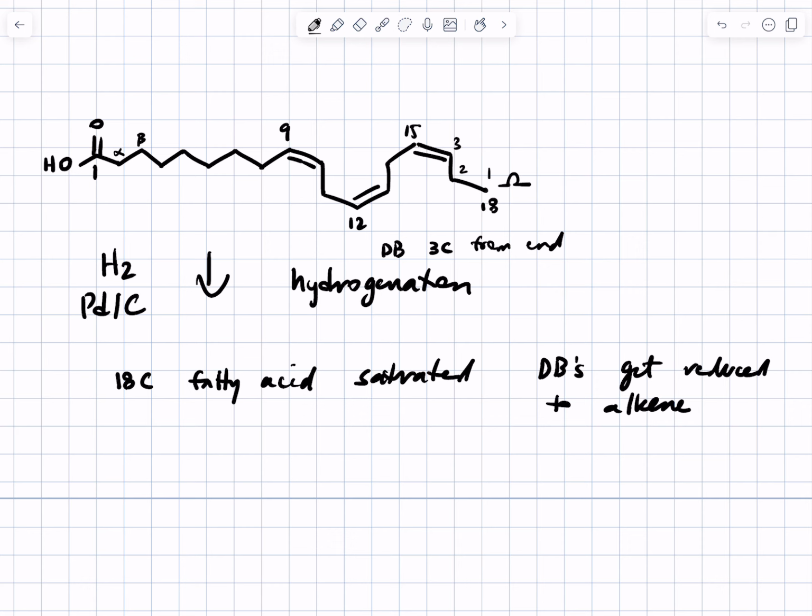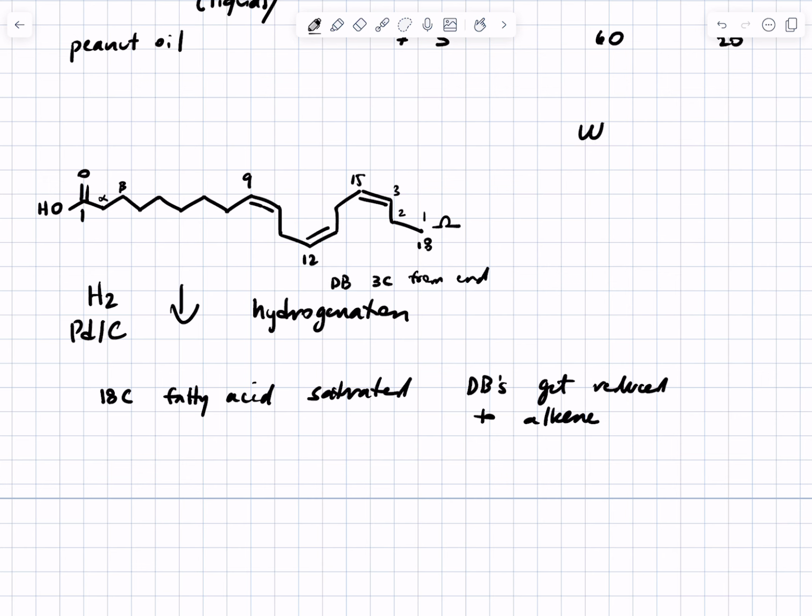Now, there's another reason why people hydrogenate unsaturated fatty acids, and here is an important reason. The double bonds are reactive as nucleophiles. You know this because you took 351, where double bonds could add to electrophiles.